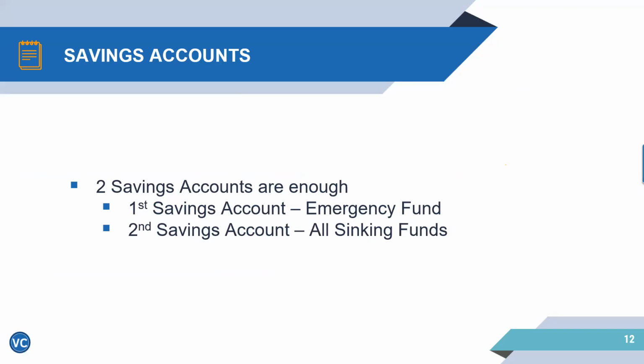Then when we look at savings accounts, especially when you get into finances, people usually go through a phase that I call just wanting to have a savings account for everything. So, I'm saving to buy a new car, I'm going to open a savings account in dollars.